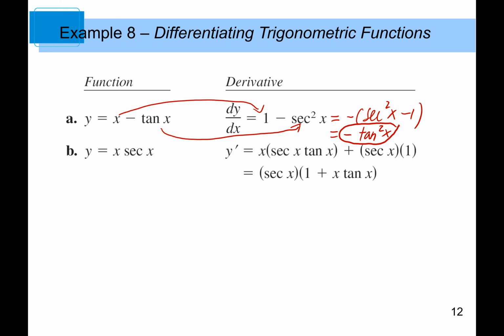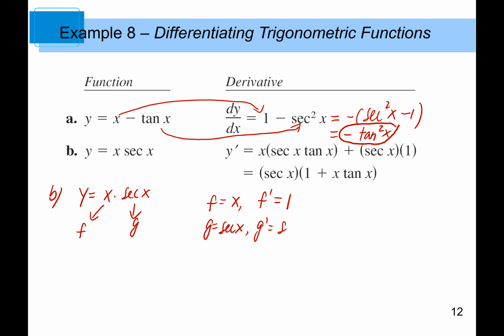And for B, we've got y equals x times secant x. Here, this is our f, that's our g, right? So f equals x, so f prime, the derivative of x, becomes 1. And g equals secant x, so g prime equals secant x times tangent x. Now we use the product rule.